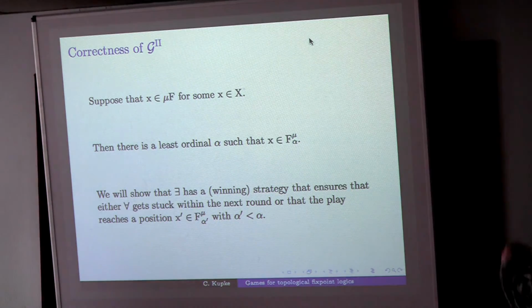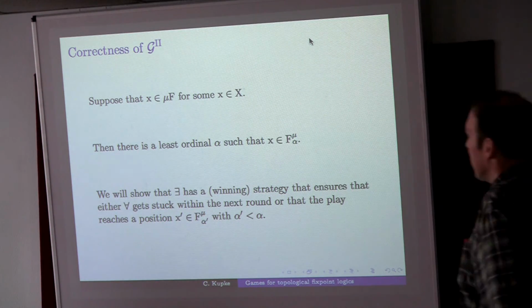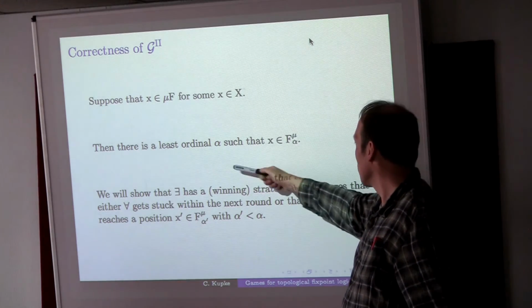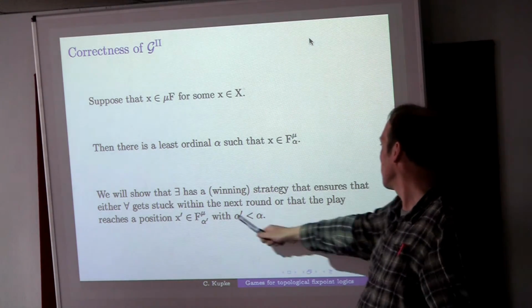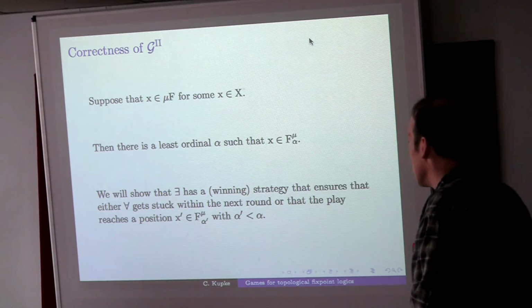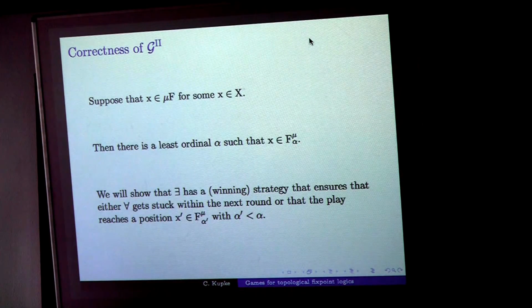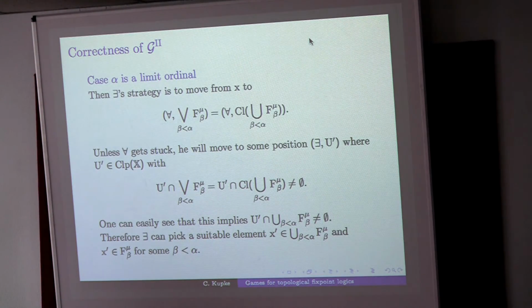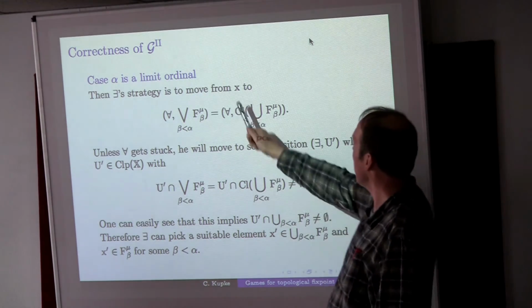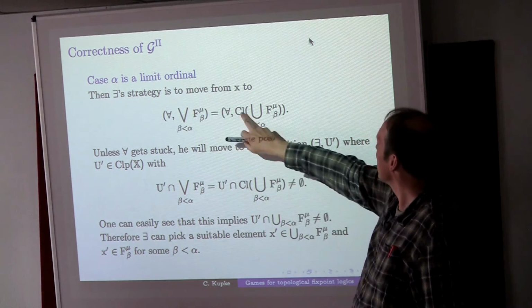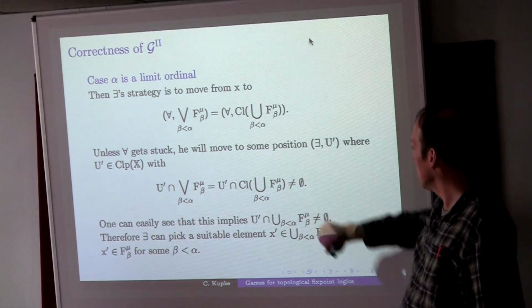So the correctness, let's just see for one of these games. Suppose that X is in this least clopen fixed point for some X, then there's some least ordinal, and we have to show that Eloise has a winning strategy. It ensures that either Abelard gets stuck, or that the play reaches a position with some smaller ordinal. And so indeed Eloise will just move from X to this join in the limit ordinal case, which is of the form closure of the union.